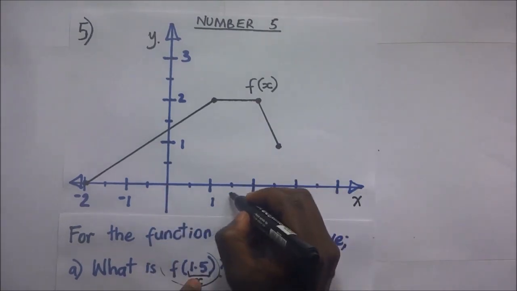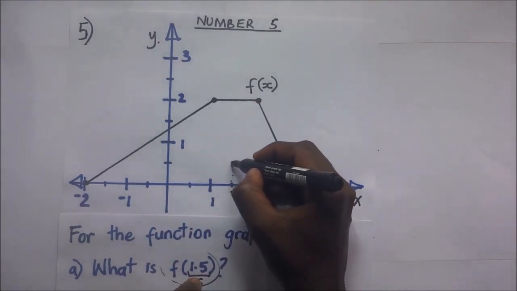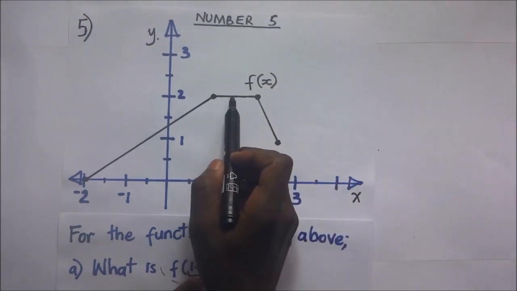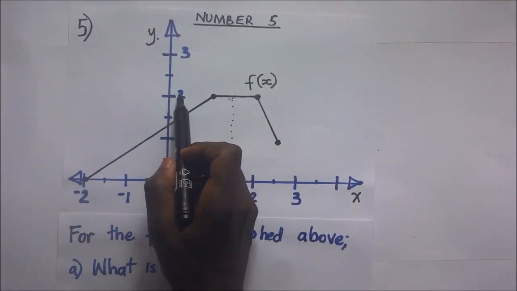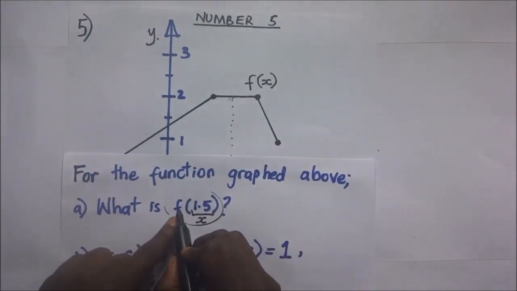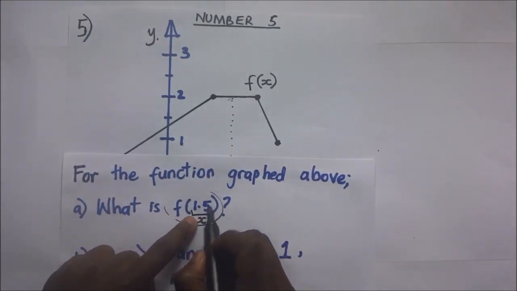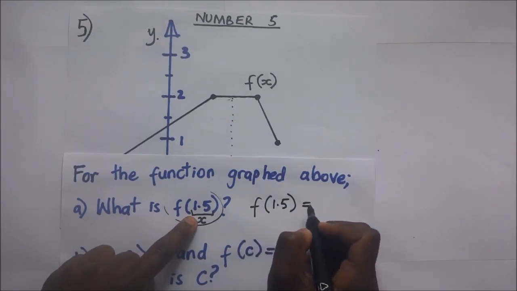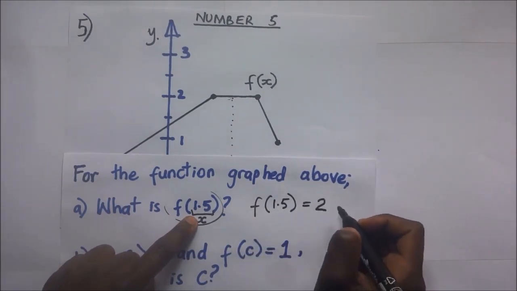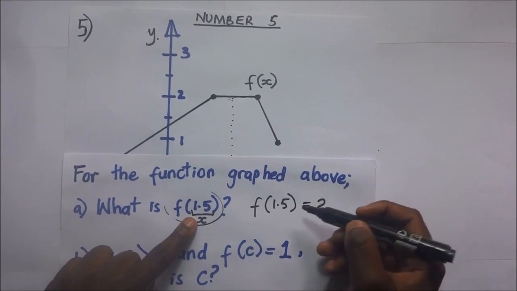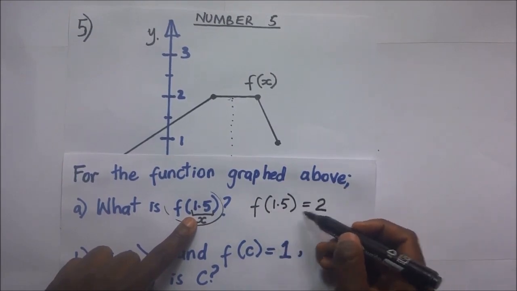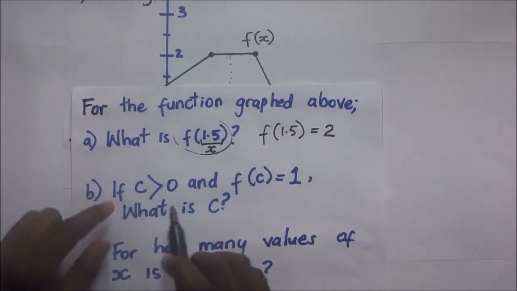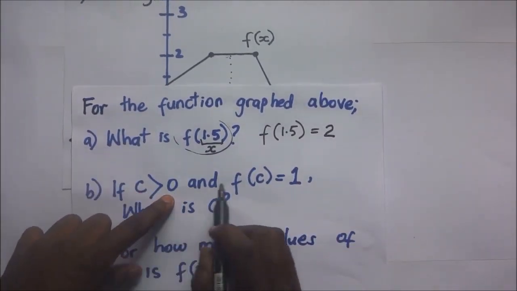Definitely 1.5 is right there, and if you look at 1.5 here, it's corresponding to a value of y as 2. So meaning that the function when the variable x is 1.5, f of 1.5 is equal to 2, or it's the same as saying the value of y is 2 when x is 1.5. So that's part A.